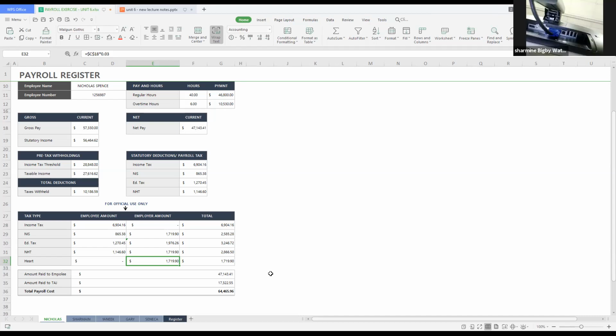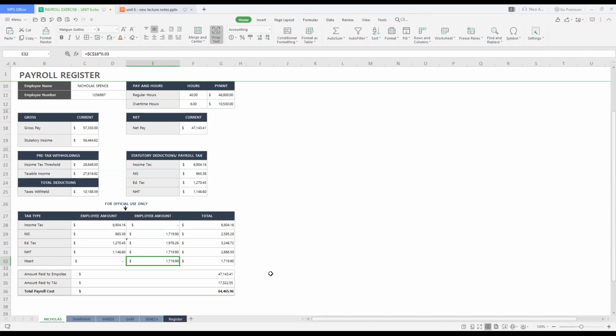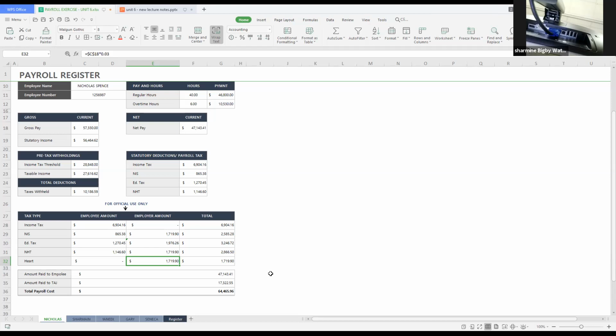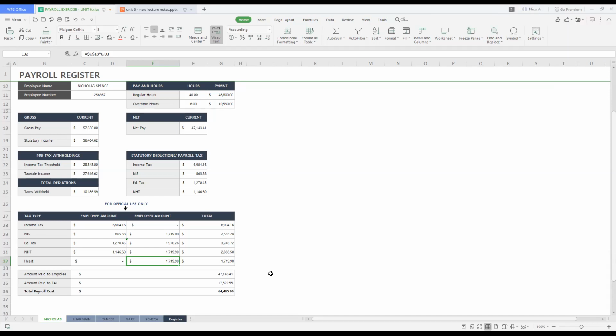It's $1.5 million and $96 divided by 52. I'm getting 0.028. You shouldn't get that.